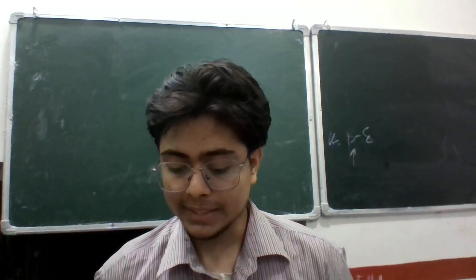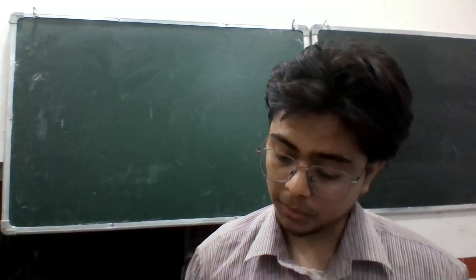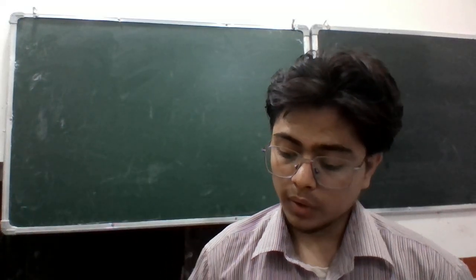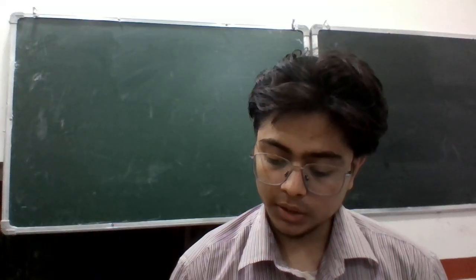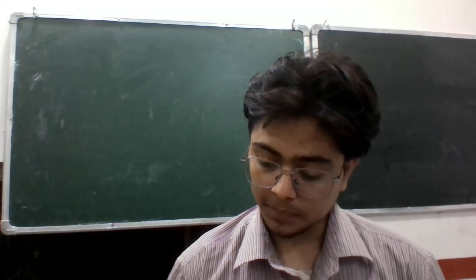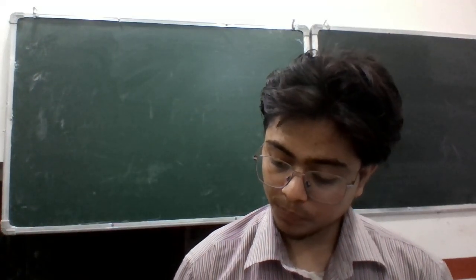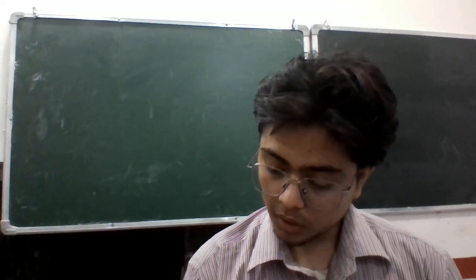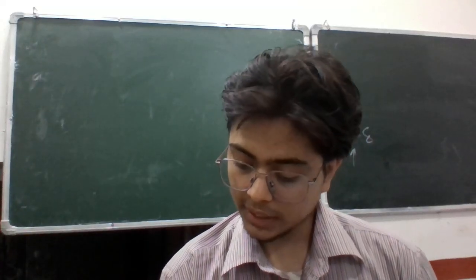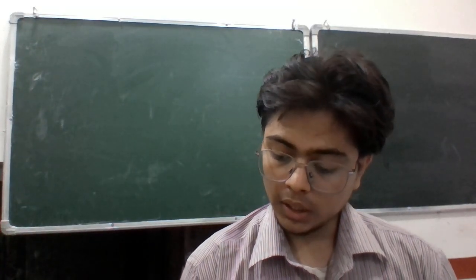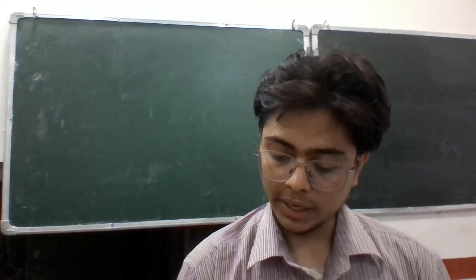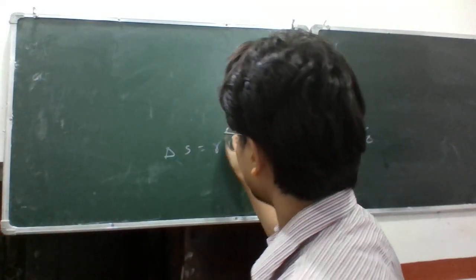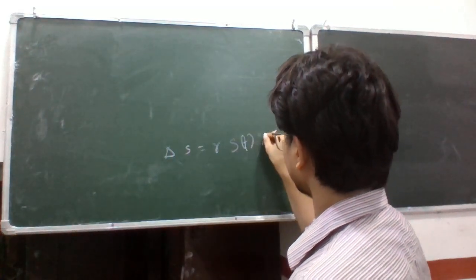Let's suppose S(t) is the amount of money in a savings account at time t in years, and suppose that the interest is compounded continuously at an annual interest rate r. Continuous compounding means that during a short time interval, the amount of interest added to the account is approximately delta S equals r times S(t) delta t.